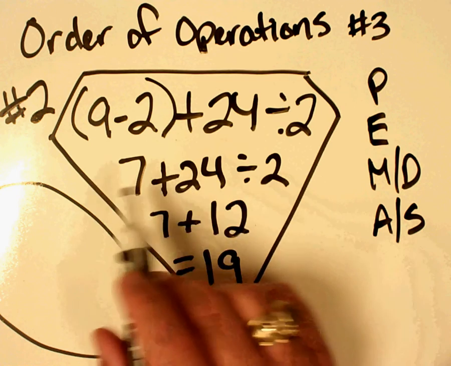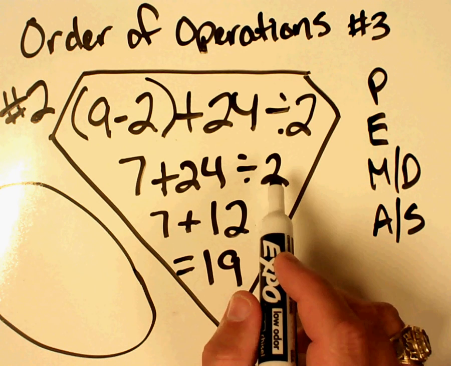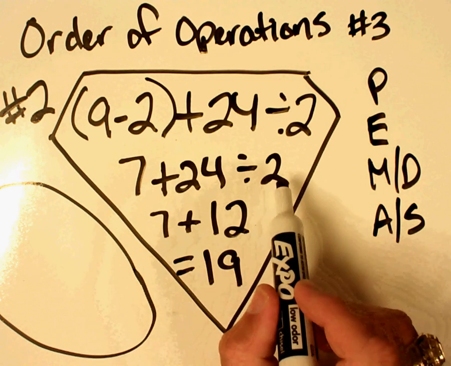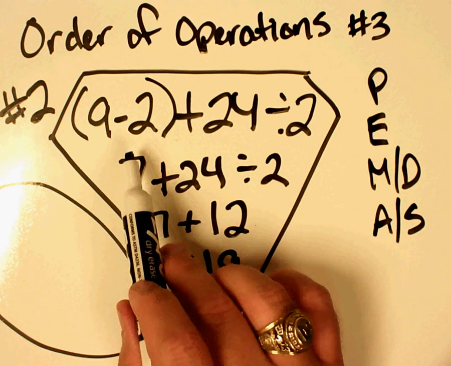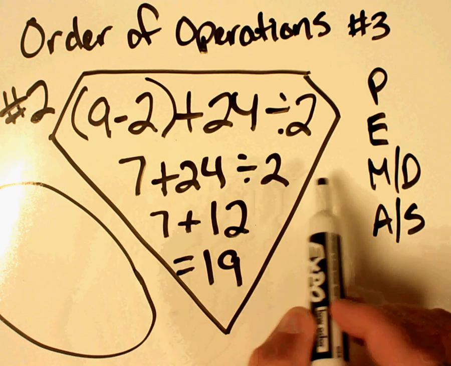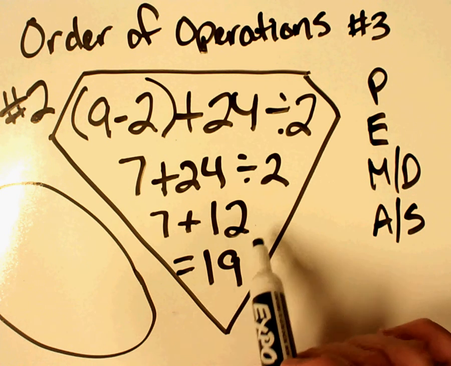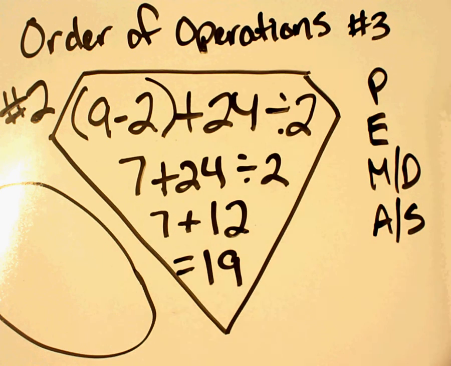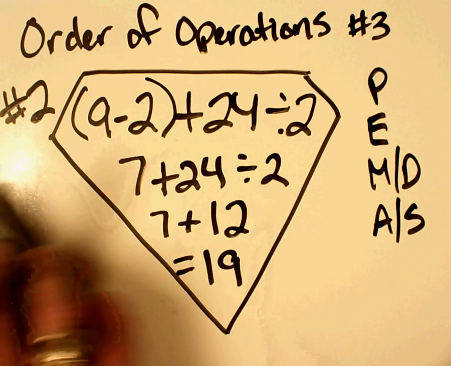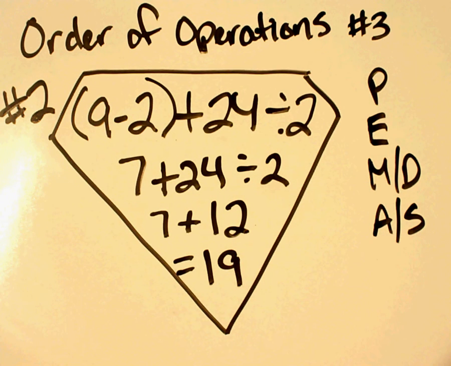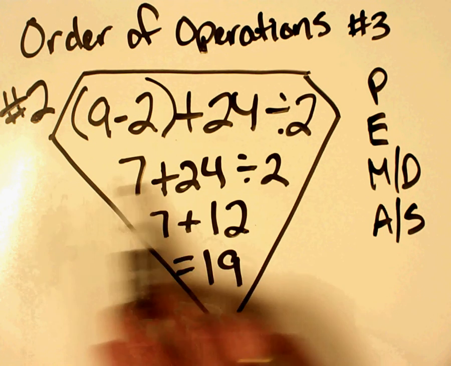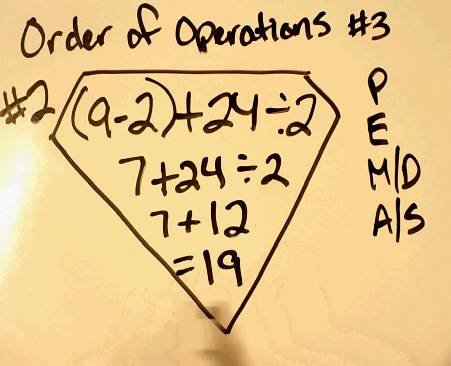We want to save that area on our paper to rewrite the problem after we complete each step. And this becomes very, very important whenever we start doing algebra. Because when we have multi-step algebra problems, especially with multiple variables, we really, really need to be organized so that we can see each step.